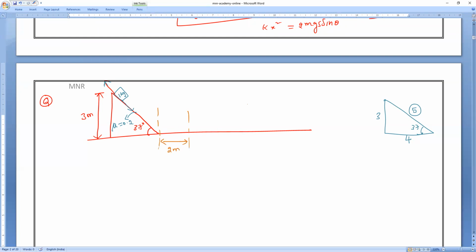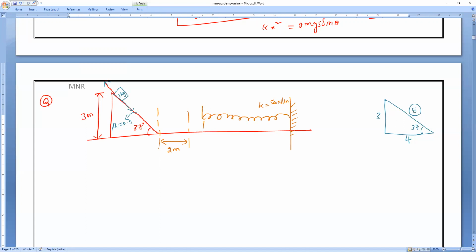First understand the question. There is a spring whose spring constant is 50 Newton per meter. The spring has a natural length.